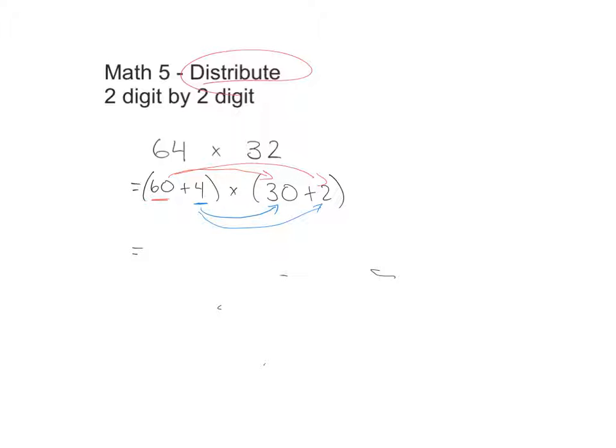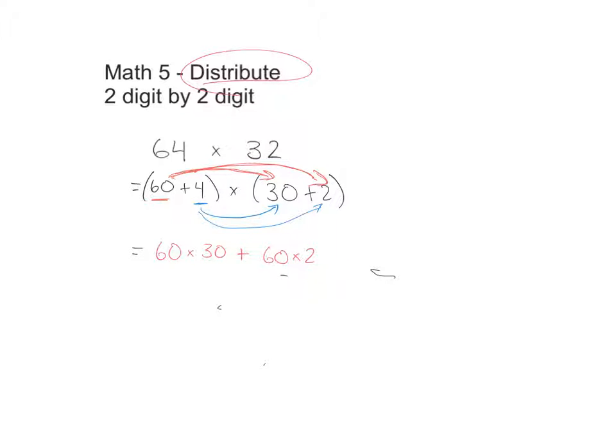So this is what I'm going to do, and I hope you can track this. This first arrow, 60 times 30, I'm going to put first. So we have to do 60 times 30. Then we're going to add the second number, 60 times 2.